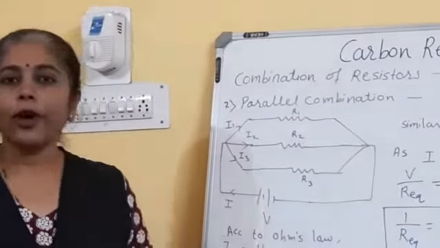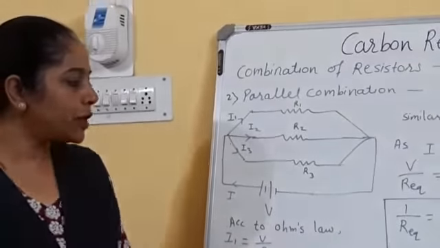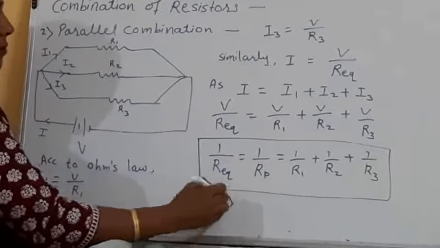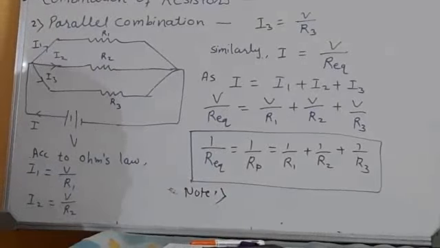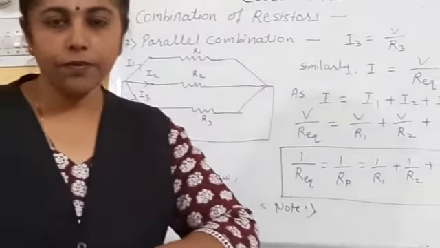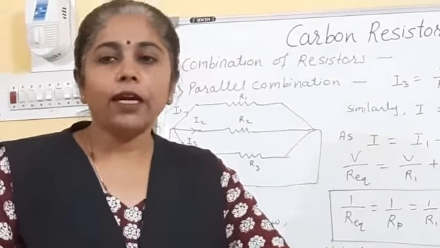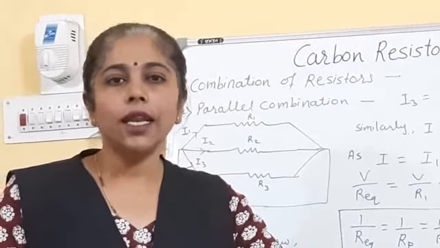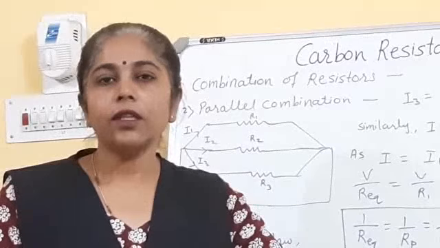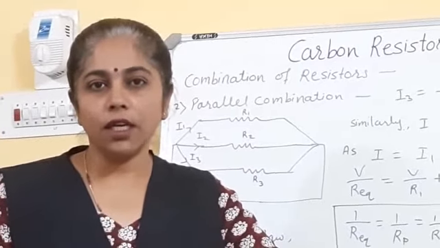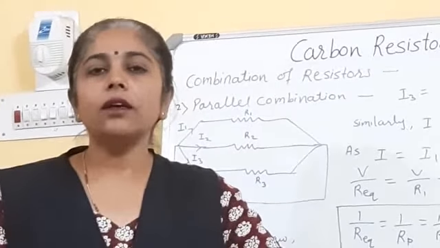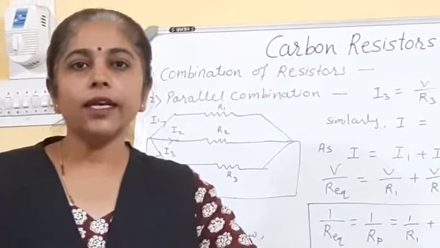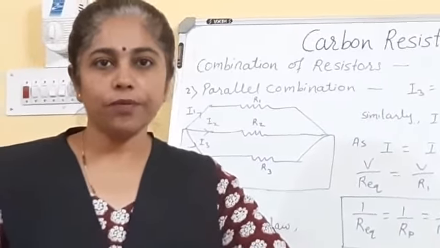So write the note points here also. First note point: when resistors are connected in parallel, the effective resistance of the circuit is less than the least value of the resistance connected in that combination.